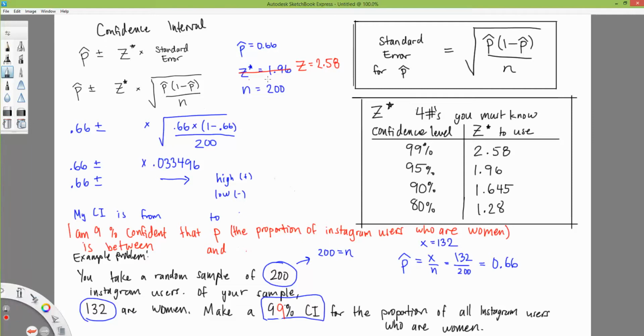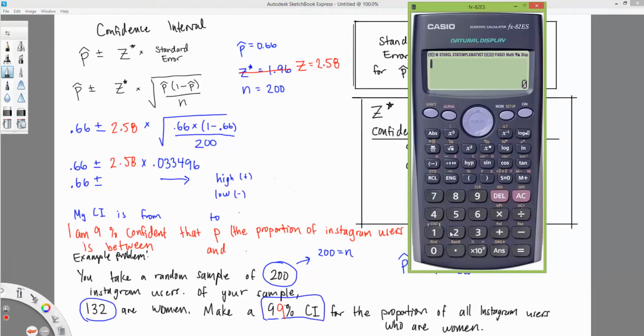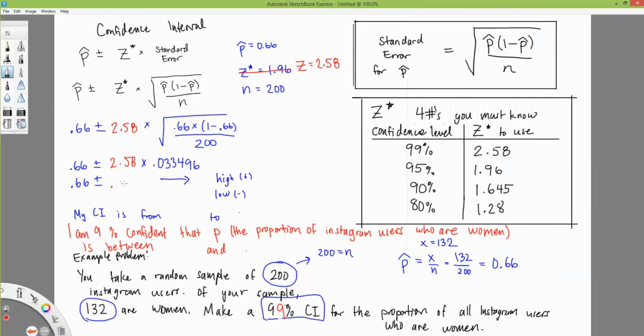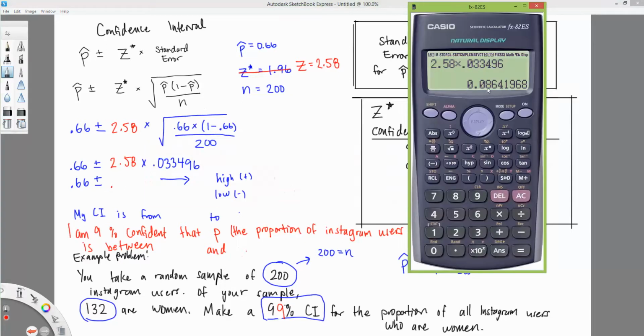So let's do this. I'm going to put 2.58 here, and that changes this to 2.58. And so I come over here and do 2.58 times 0.033496, and I have 0.0864.